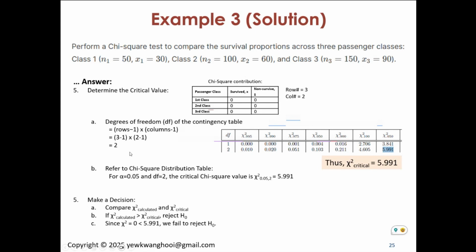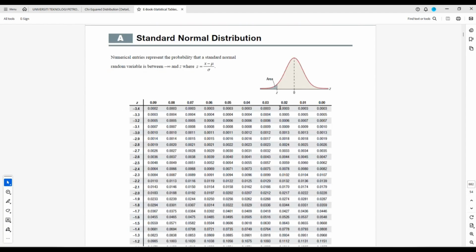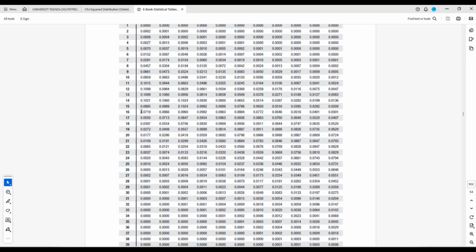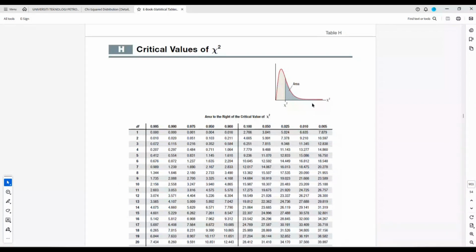Then we get our statistical book of tables and find the chi-square distribution table, the critical values of chi-square. We want to find the critical value of chi-square here.